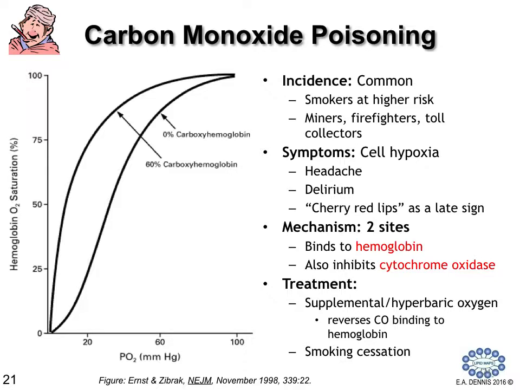One is it inhibits cytochrome oxidase, as do the other two gases, but in addition, hemoglobin can bind carbon monoxide and inhibit it, as is illustrated on the graph on the left. Again, supplemental hyperbaric oxygen can reverse it.